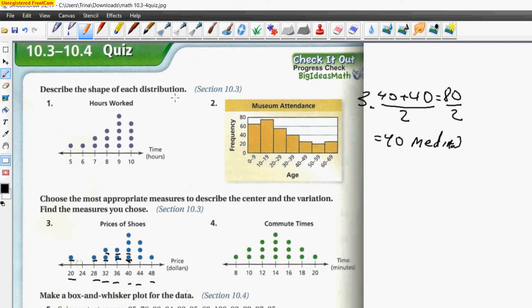Let's take a count and see what we got right now. So if we look at this, we got 1, 2, 3, 4, 5, 6. All right. So we need to be somewhere in the middle of this.